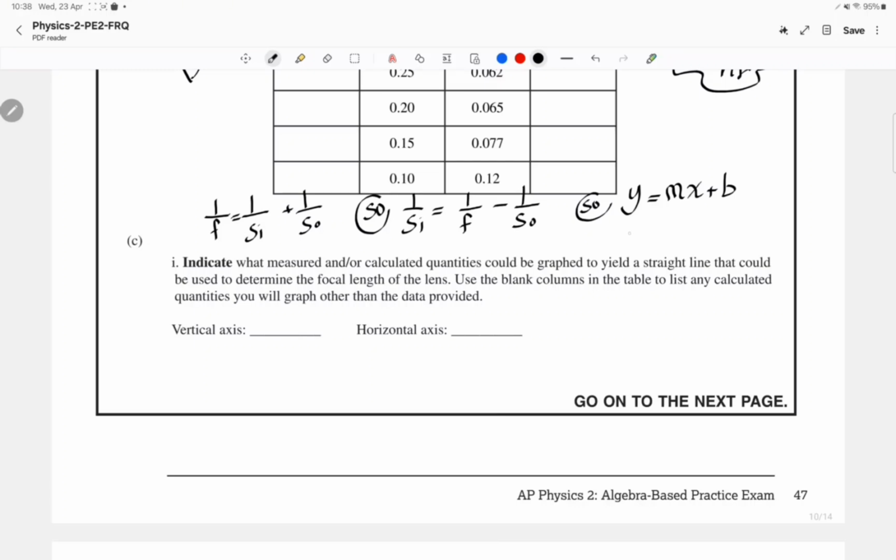The y is 1 over s_i, and the x, what you're able to change, is 1 over s_o, and the slope is negative 1 most likely, and the b is 1 over f. The b is the y-intercept, which we call in physics the vertical intercept. So the vertical axis is 1 over s_i, and the horizontal axis is 1 over s_o. And the reciprocal of the y-intercept is going to be the focal length.